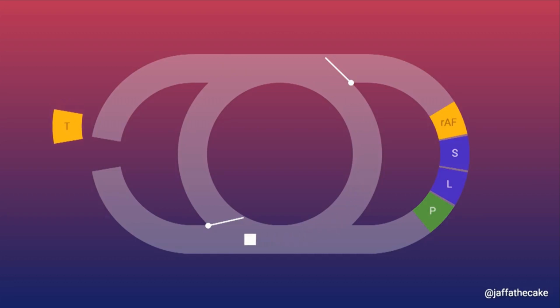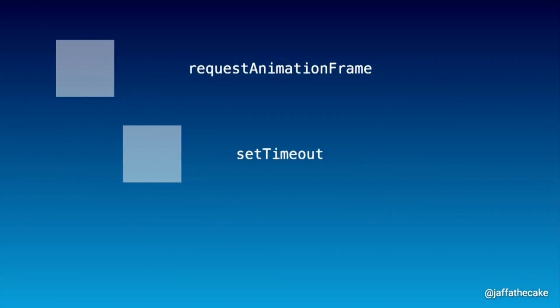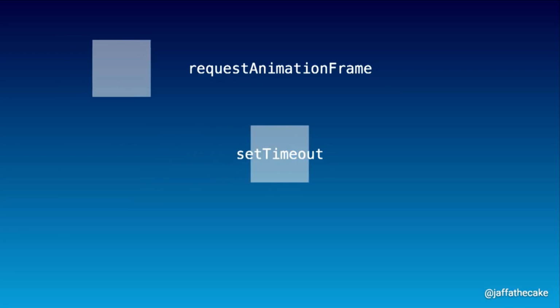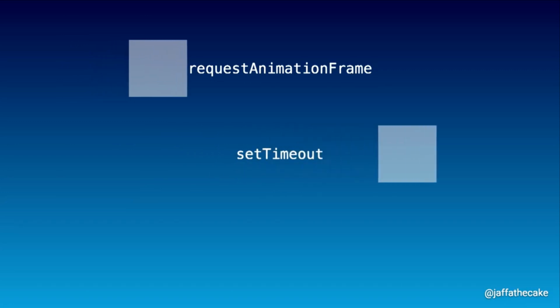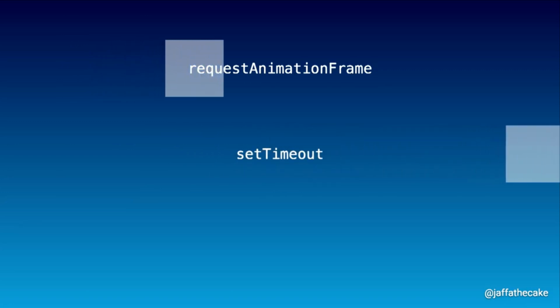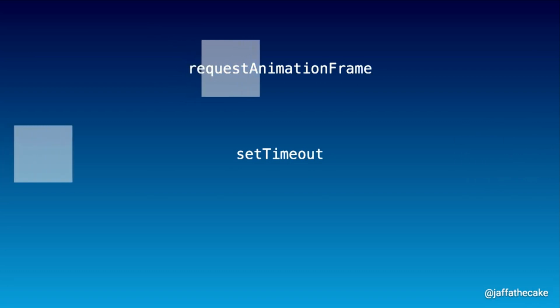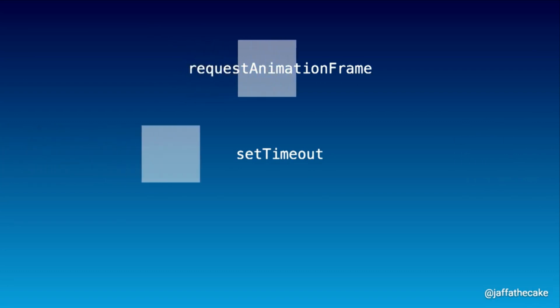It will synchronize itself with the display and only render up to a frequency the display is capable of, usually 60 times a second. Otherwise, it would be a waste of time. There's no point rendering stuff the user will never see. But that's what setTimeout is doing here. It's moving faster because it's updating the position of that box more times than the user can see, more times than this display is capable of showing us.